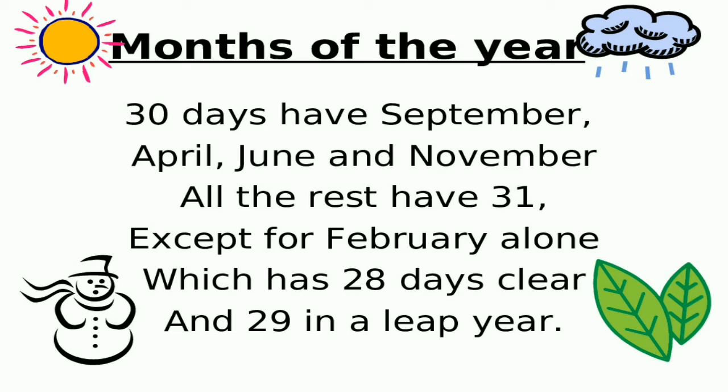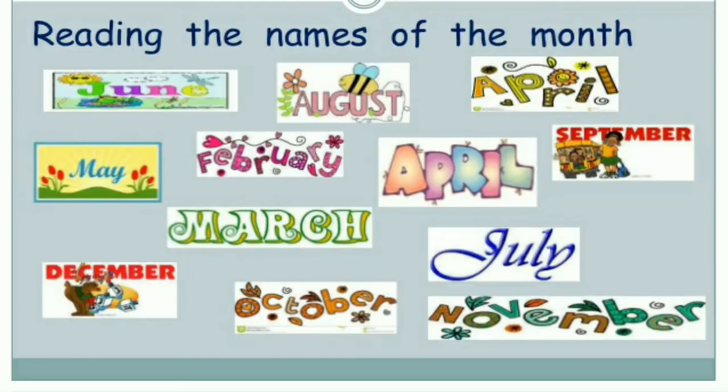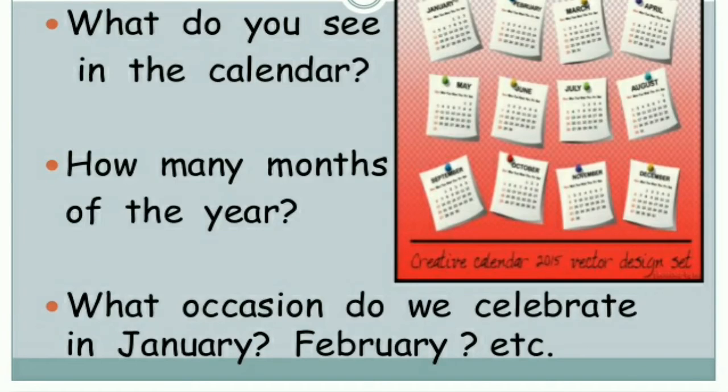So children, you all understand how many days are in a month, and how many months are in a year. You can also find in a calendar which is your birth month, and tick mark it there.